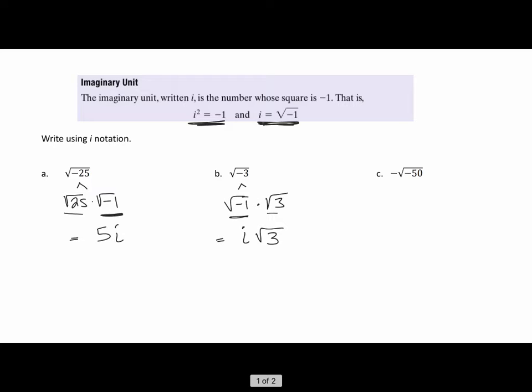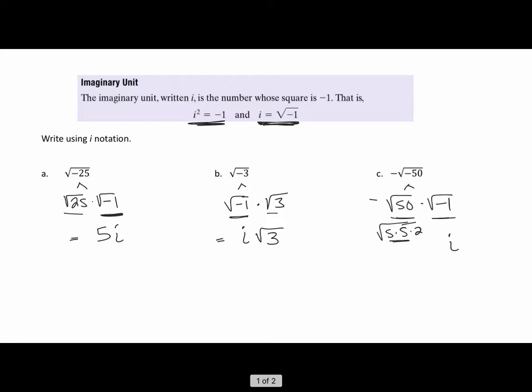For example C, there's a negative out front, so that negative is going to stay out front, of course. And then the square root of 50 times the square root of -1. Because I know that the square root of -1 is i, but the square root of 50, I don't know. So let me simplify that. 50 is 25 times 2.